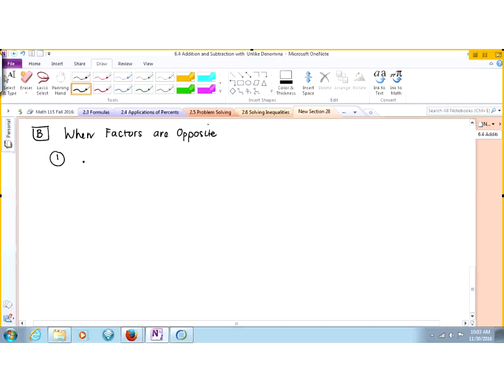All right. So number 1, y squared over y minus 3 plus 9 over 3 minus y. So you're going to change the sign here and then rewrite it using the same denominator. Okay. So look at these.